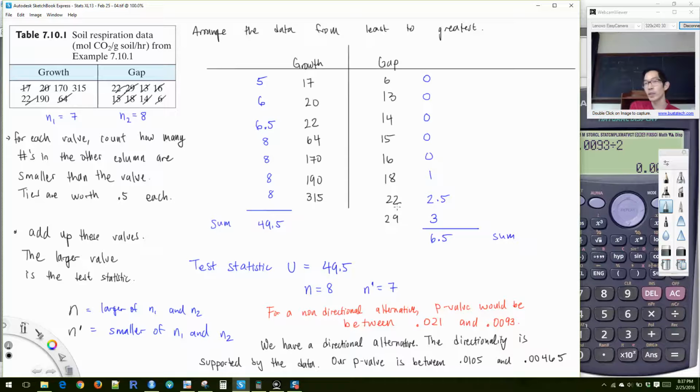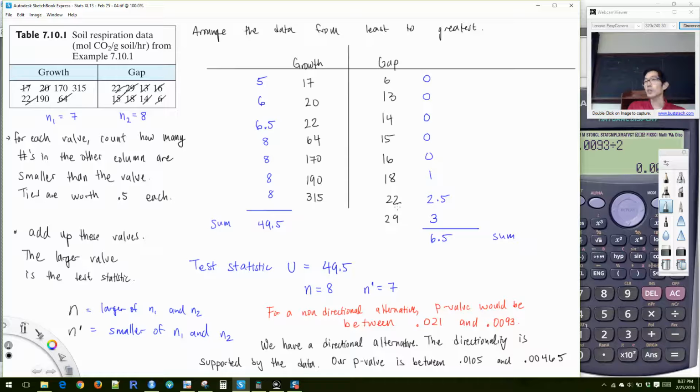Effectively these hypothetical values are generated by saying, let's say I just take all 15 values, I shuffle them up, and I just randomly deal them out into two columns.